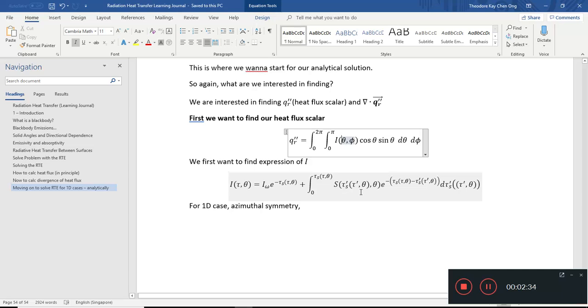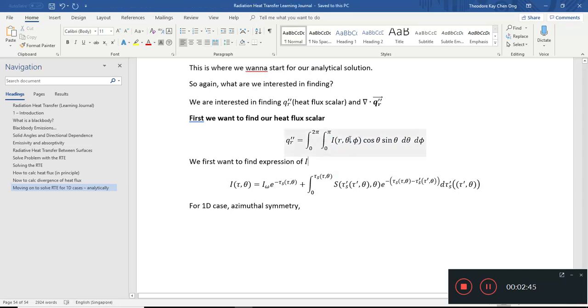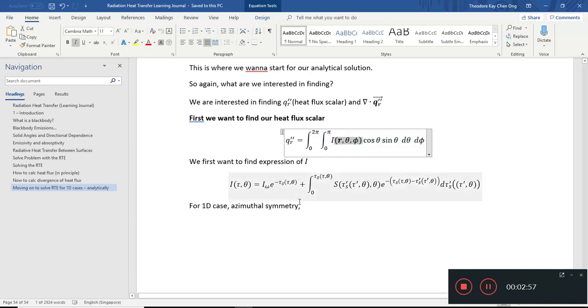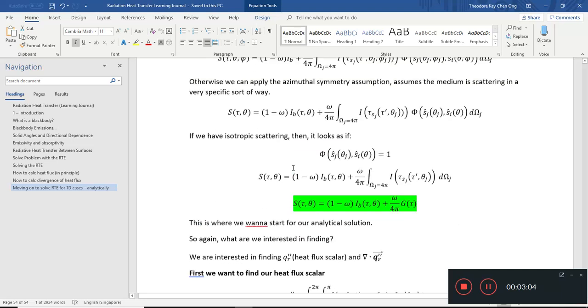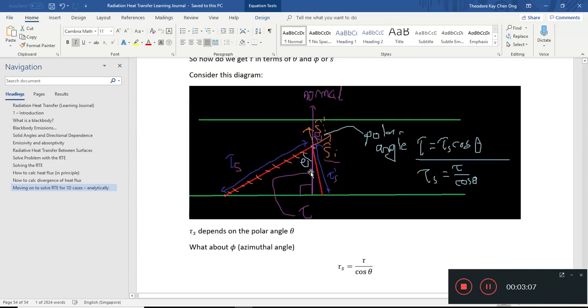I think there should be a dependence on R as well, because the intensity is dependent not just on the direction, but also on this R, the position vector. Depending on what the position is, it will differ. So we said the relevant variable for R is tau, which is the shortest optical distance from, let's say, the bottom plate.